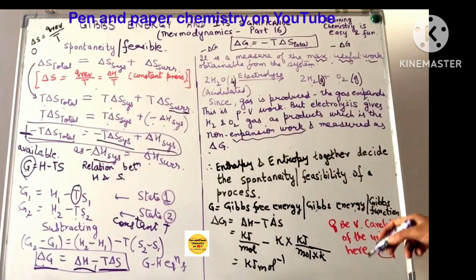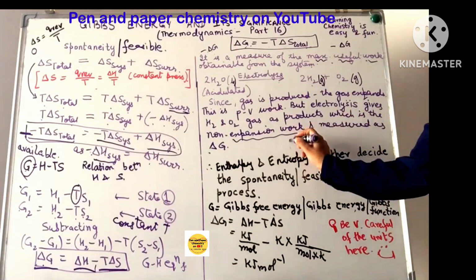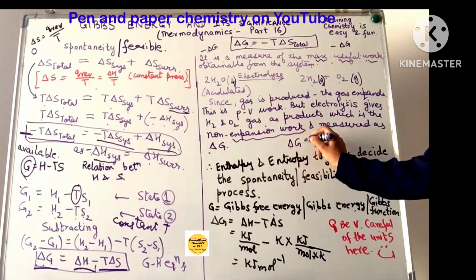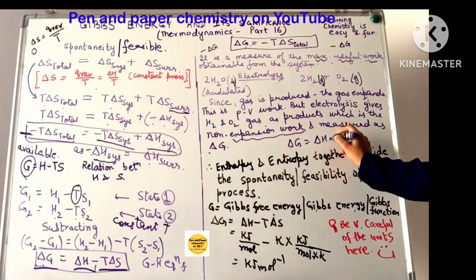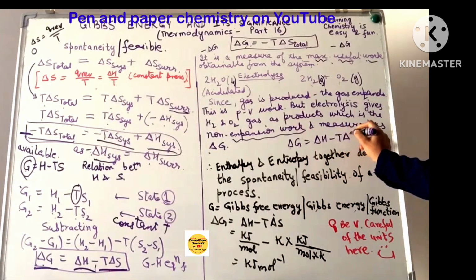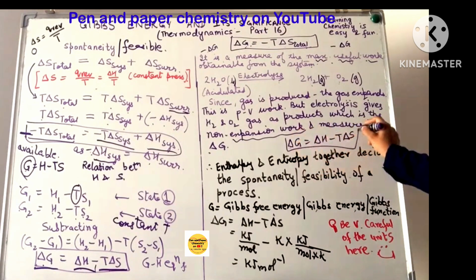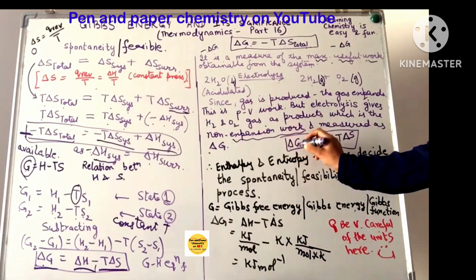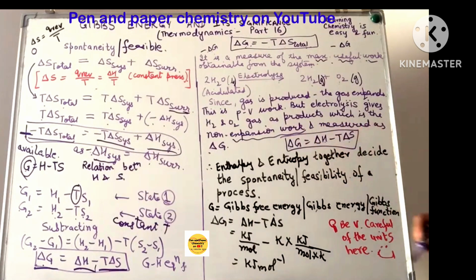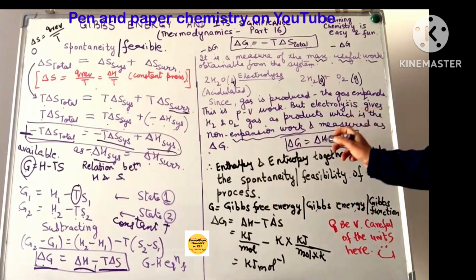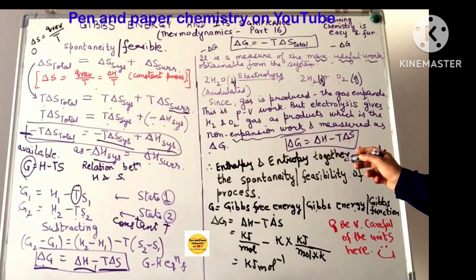For our numericals, we shall be just using the expression delta G equals delta H minus T delta S. Now, if you notice over here, again I repeat, it is connecting H and S. We had done according to the first law of thermodynamics, saying that energy of the universe remains constant.